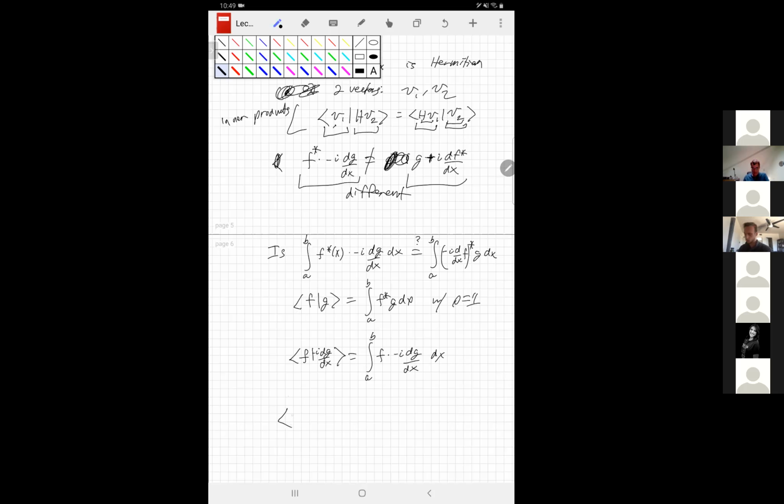I could have minus i df/dx inner product with g. Oh, and I left out the complex conjugate. The rule is that the first thing gets conjugated in the integral.